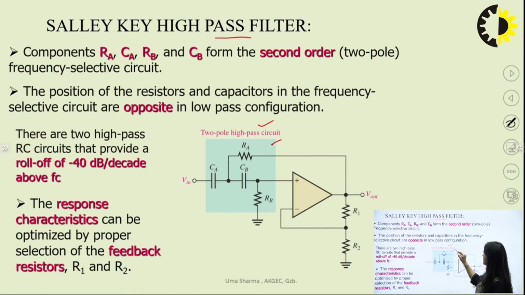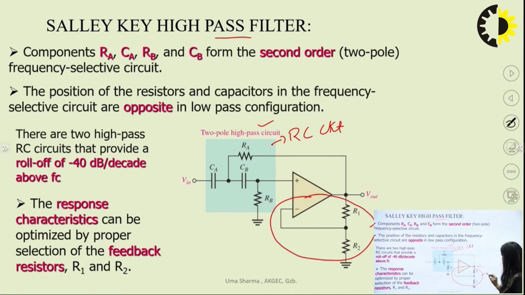So this is the RC circuit for the second order high pass filter, and this is the gain circuit, and this gain circuit is same for low pass as well as high pass. So there is a small change in the frequency selection circuit. In the frequency selection circuit, we have just interchanged the position of RA/RB and CA/CB.